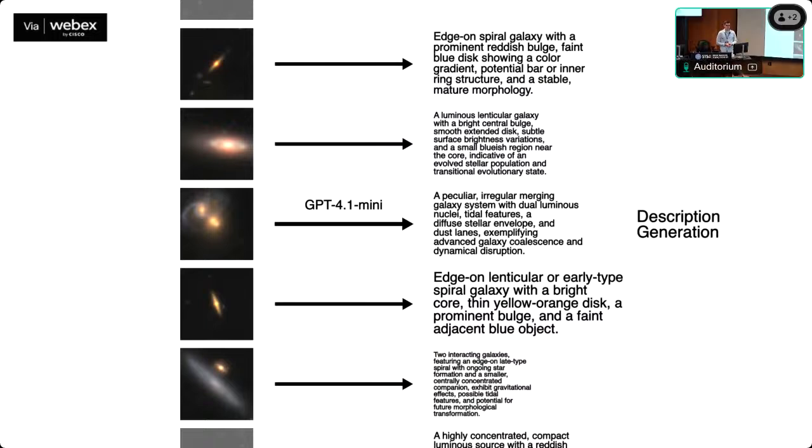And we made a benchmark for this. We didn't just trust off the bat that it was good quality descriptions. We actually made a benchmark and compared it to Galaxy Zoo answers. And we found that about 50% of the answers from Galaxy Zoo volunteers matched the descriptions from GPT 4.1 Mini.